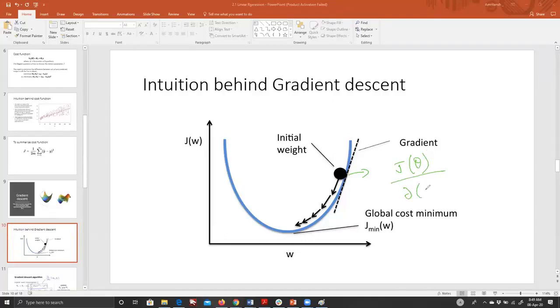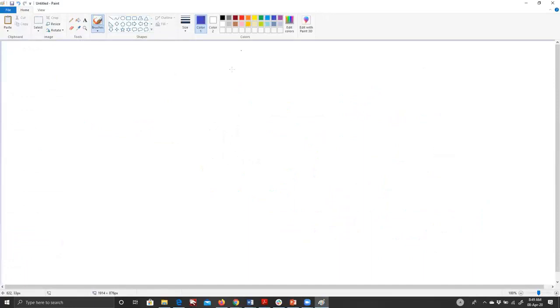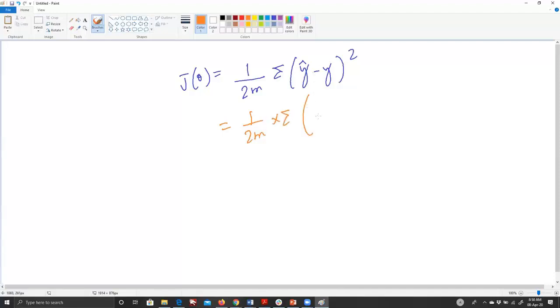Now I'm using a partial derivative here, as you can see, because there could be a lot of thetas. By using the partial derivative, let's try to solve this. So what is J theta, guys, currently? If I were to expand it, then 1 by 2m into y hat, which is 5x minus 2x.